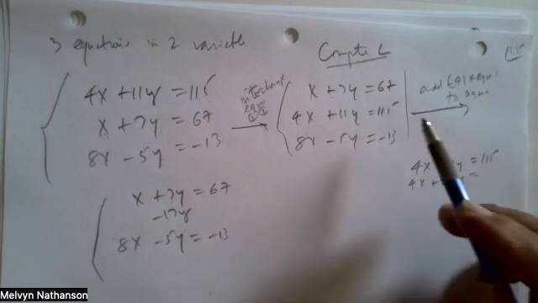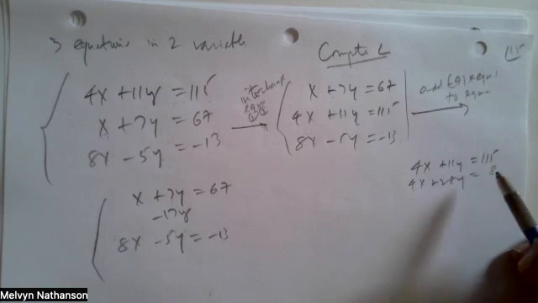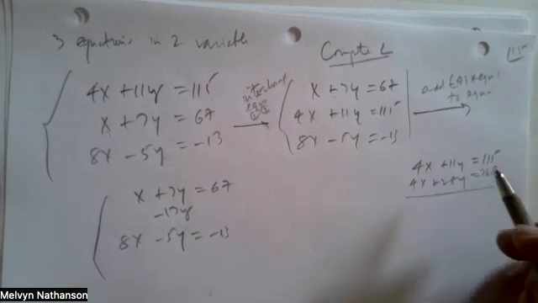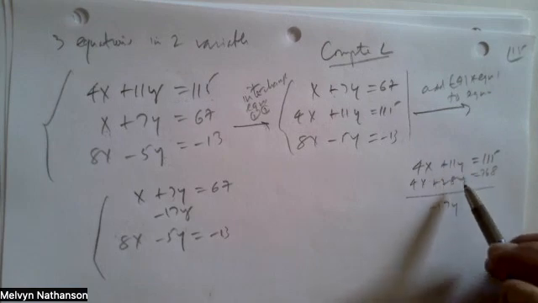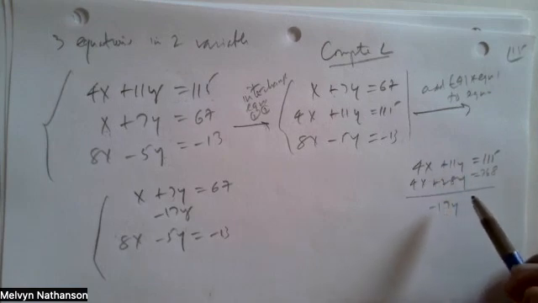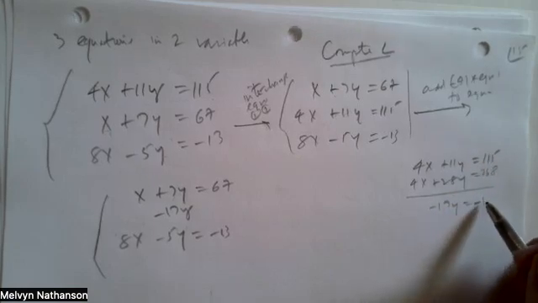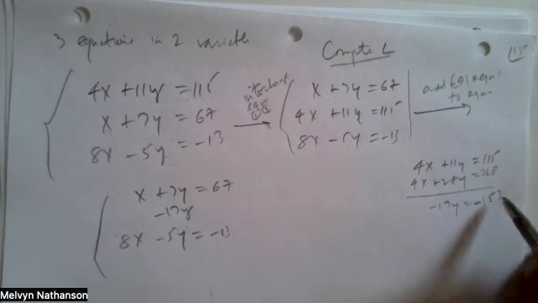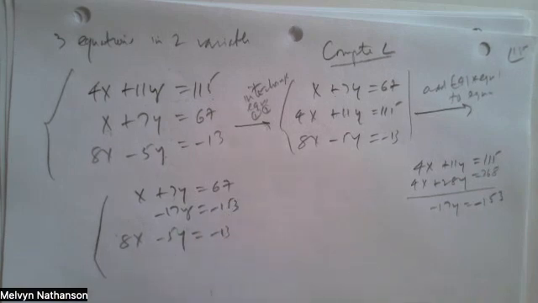If I multiply this by 4, 4 sevens are 28, 4 sixes are 24. If I subtract, I get minus 17y equals minus 153. Okay.